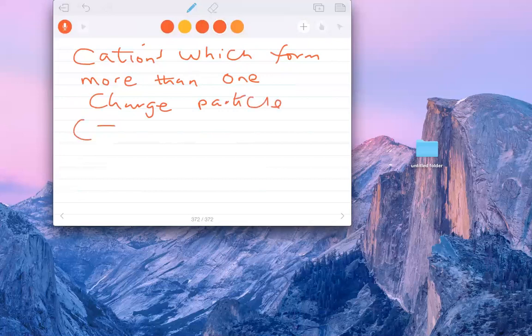This is for the transition metals. Mostly they are transition metals. Not all of them, but the common ones you need to worry about.